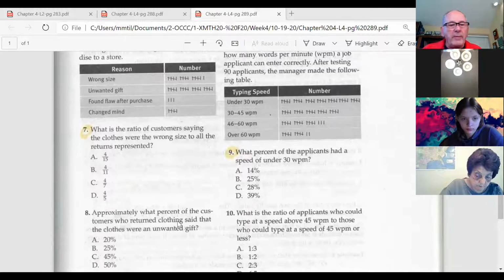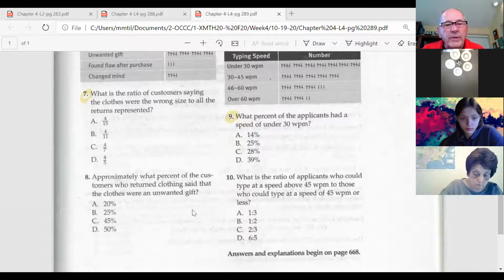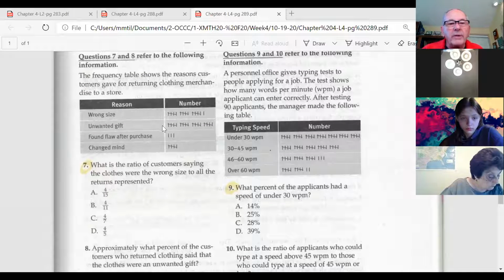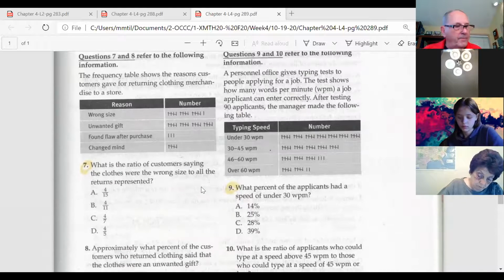So number 8: approximately what percent of the customers who returned clothing said the clothes were an unwanted gift? Well, you look at the unwanted gift, you've got 5, 10, 15, 20. So you take the ratio of 20 over the total, which was 44, and multiply it by 100 to get percent, right? So if you do that, what do you get?